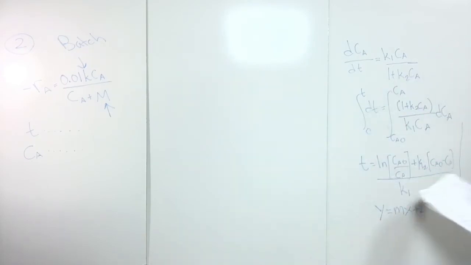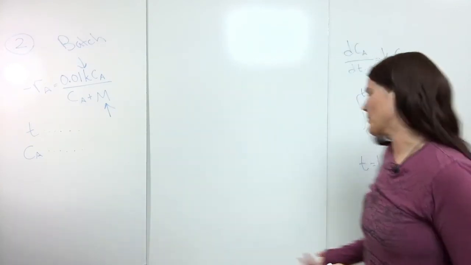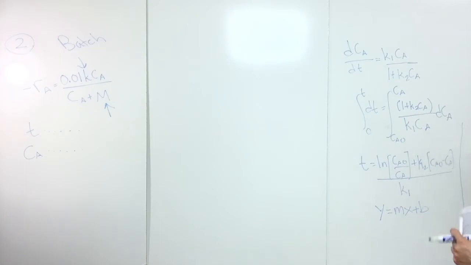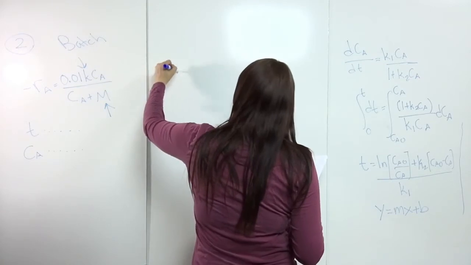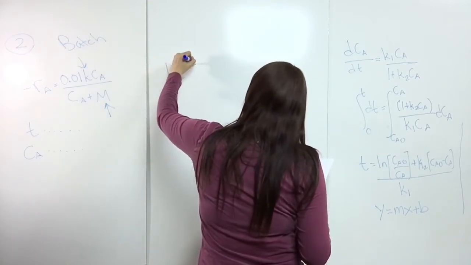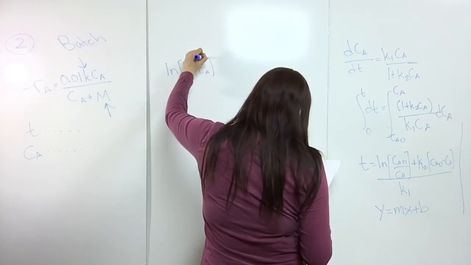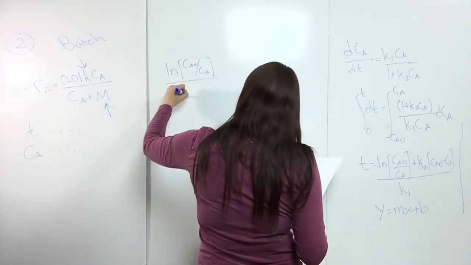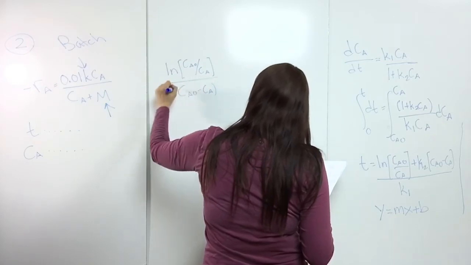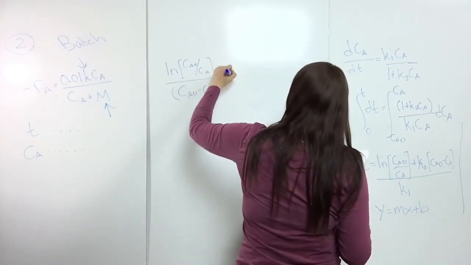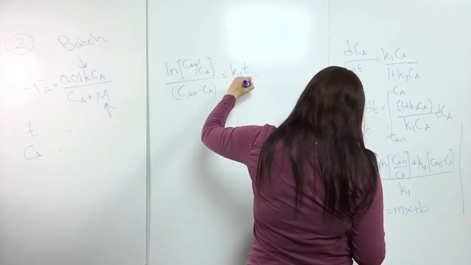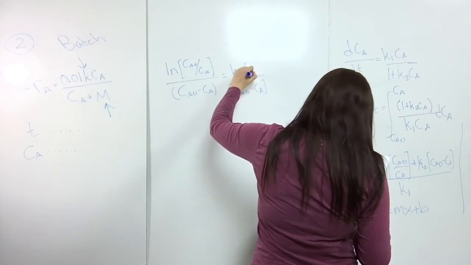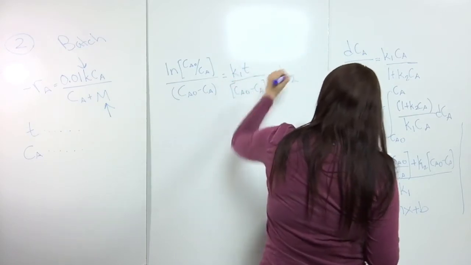So then if we rearrange this equation so it looks like a straight line, we want to plot the appropriate function of Ca versus time. So if we rearrange this into something that we can plot, then we get the natural log of Ca naught over Ca over Ca naught minus Ca is equal to K1 t over Ca naught minus Ca minus K2.